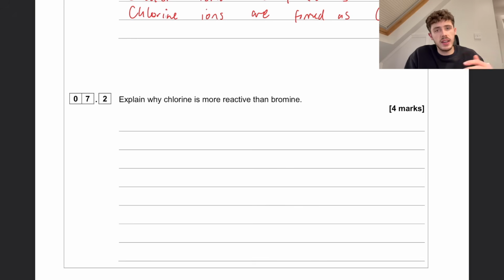So if you're trying to gain an electron, and that outer shell is really close to the nucleus, it's going to be easy because that gravity, or the electrostatic force within the atom, is going to be very strong. Whereas on the bromine side of it, you're having to try and pull that electron in from, say, 5 shells of electron away from the nucleus. So that electrostatic force that we saw in the chlorine is going to be much weaker out in the edge of the bromine atom.